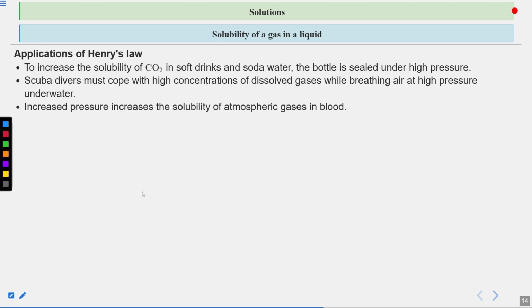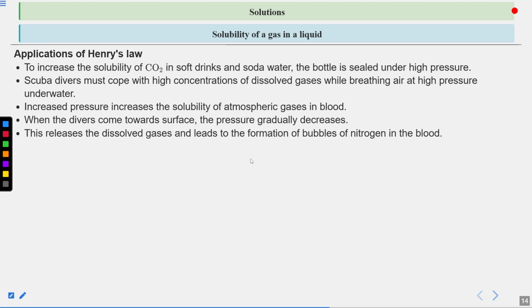So what is happening? When the pressure is increasing, the solubility of atmospheric gases increases in the blood. But when the divers come out of the sea, the pressure decreases all of a sudden, and this results in the release of the extra amount of gas dissolved in the bloodstream. Therefore, bubbles of nitrogen form in the blood. Now, this is very painful.